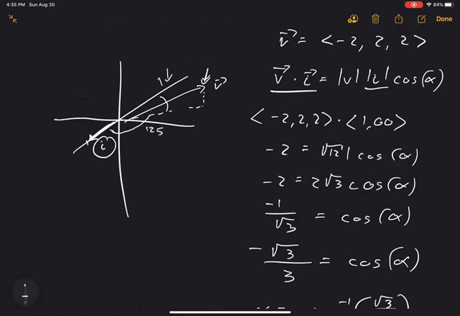If I wanted to find the angle between my vector v and just its closest angle to the x-axis, so like the angle from here to here, the vector I would have used would be negative i, so negative 1, 0, 0.